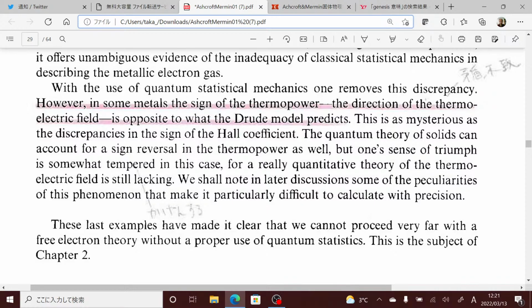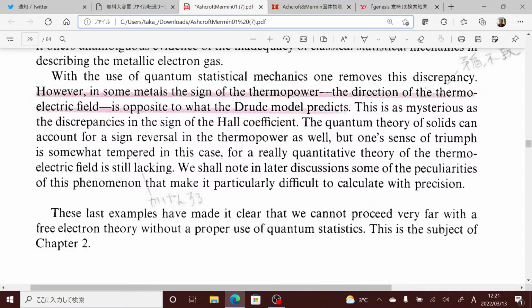The quantum theory of solids can account for sign reversal in the thermal power as well, but one's sense of triumph is somewhat tempered in this case. For a really quantitative theory of the thermoelectric field is still lacking.